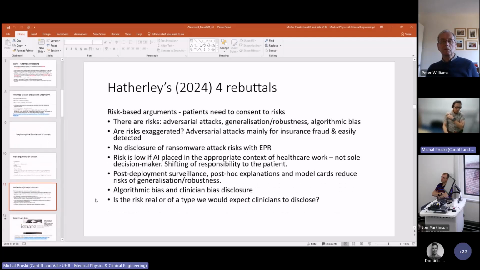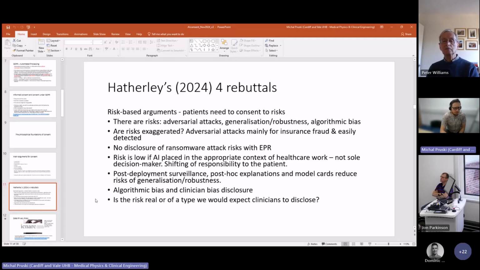Haferle recently published rebuttals to four arguments that people could use to insist on disclosing upfront and seeking explicit patient consent for using AI technologies in their care. So I'll present these four, but I've tweaked them a bit and added a bit from myself as well.